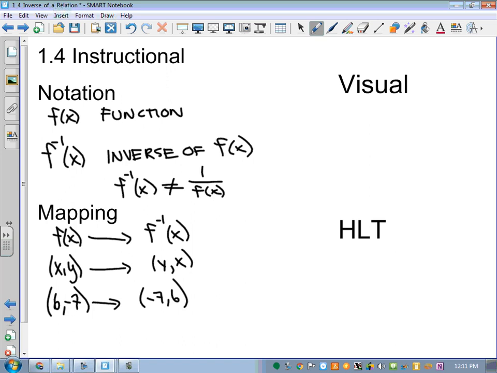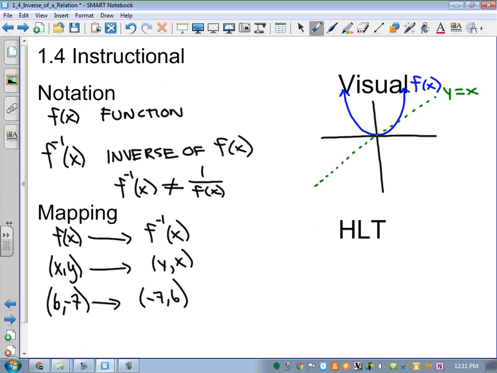For the visual, what's happening when we take that inverse is I'm going to draw the original function. So f of x is going to be in blue. And we'll certainly unpack this a bit in the notes as well. So the blue graph is f of x. What the inverse is doing visually is, if I draw this green dotted line, that is the y equals x line.